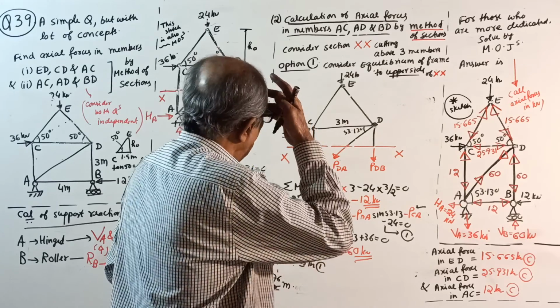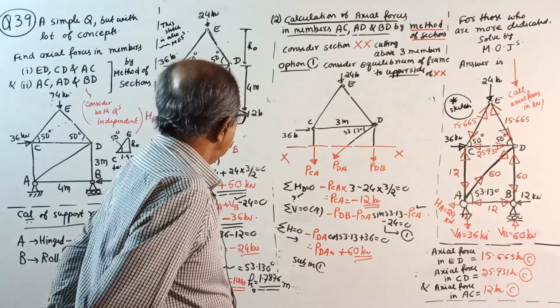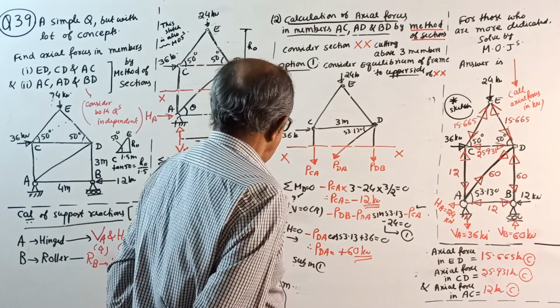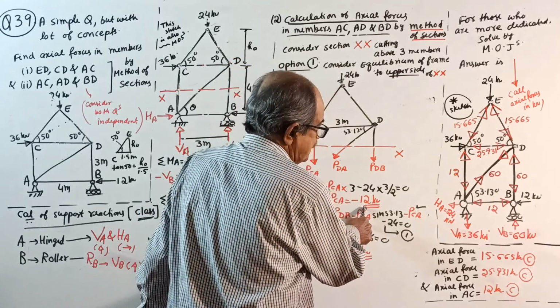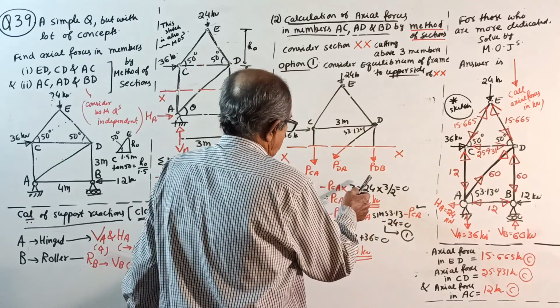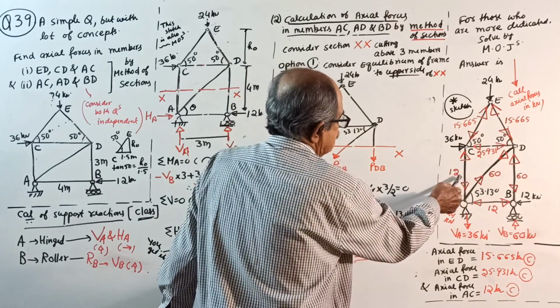Something wrong. One minute. See, 24 is correct. What is wrong? Minus PDA, everything is correct so far. Minus 12 is correct for CA.